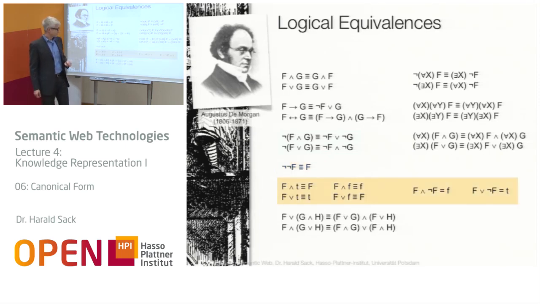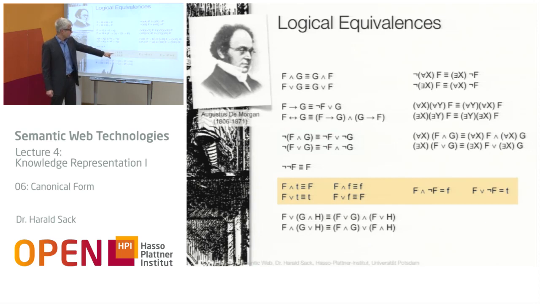Then let's take a look at this one. T and F in small letters here mean true and false. So a conjunction with the truth value true, of course, equals the original value of the variable. On the other hand, a disjunction with the truth value true is always true.